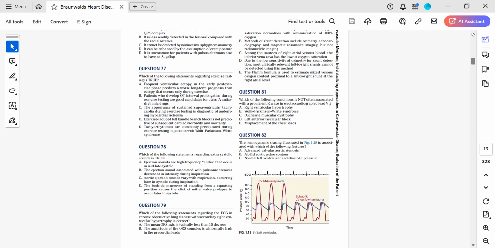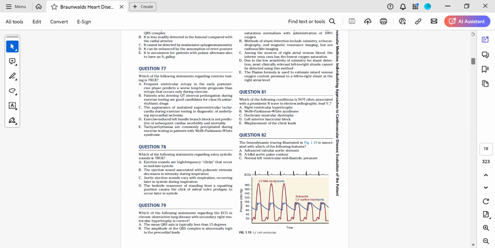What happens in left anterior fascicular block is that we have a left axis deviation, with the axis between -45 degrees and -90. Then we have the prolonged R wave peak time seen in aVL.